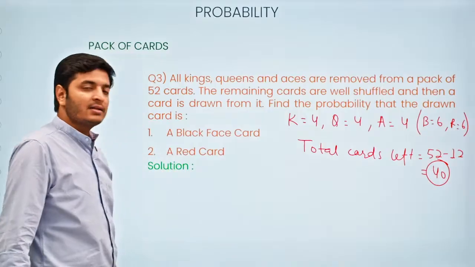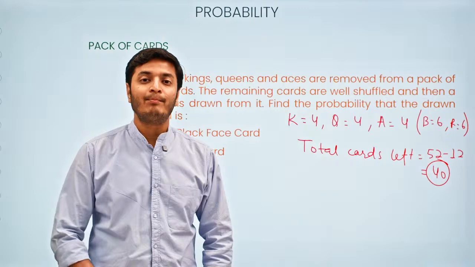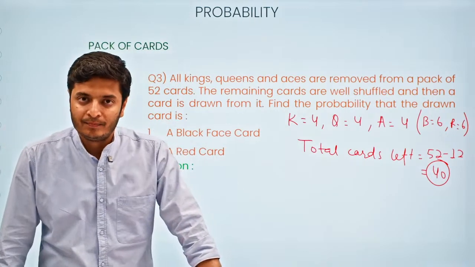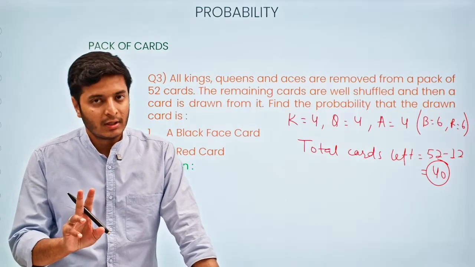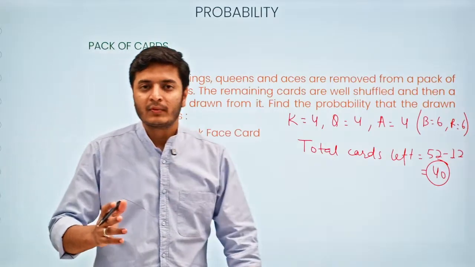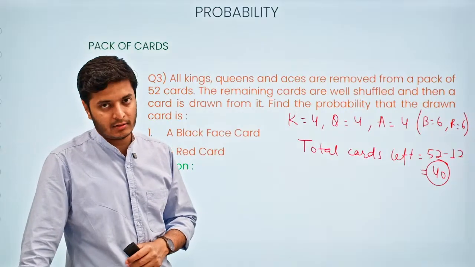So how many jacks are there? 4. But we need to find the probability of getting a black face card. It means it should be a black jack. And how many black jacks are there? Only 2. Correct? Spades and the other one, I forgot the name. So there are only 2 black jacks here.